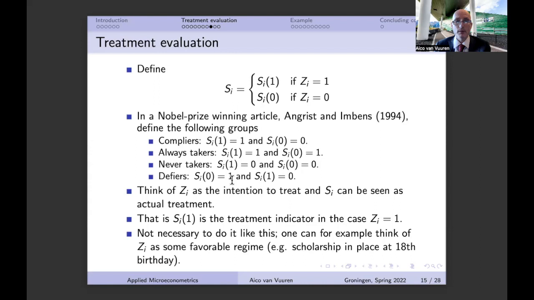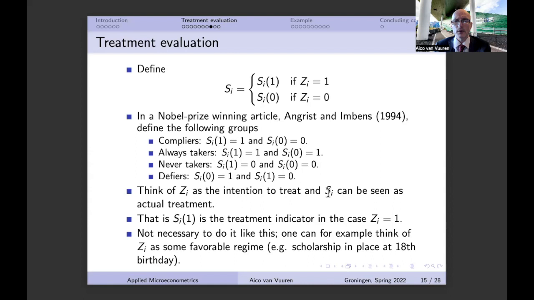Individuals are going to receive some kind of treatment, for example some kind of pills, and at the moment that they are prescribed these pills, they can still decide to actually take these pills or not. Suppose that we know whether somebody gets prescribed the pills: Zi is equal to 1 in the case that you are prescribed the pills, and Zi is equal to 0 in the case that you are not prescribed the pills.